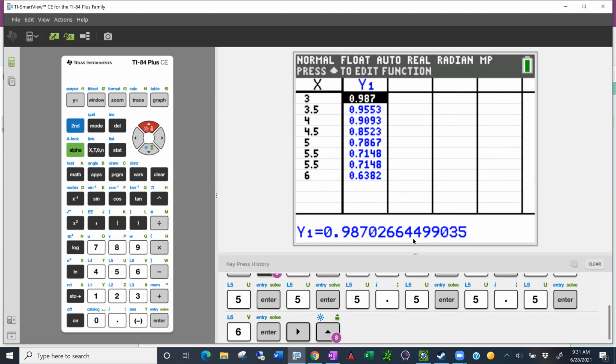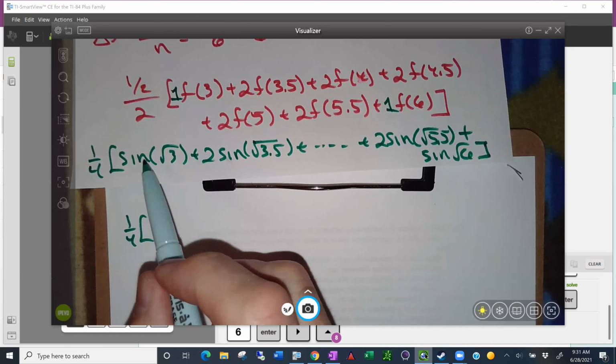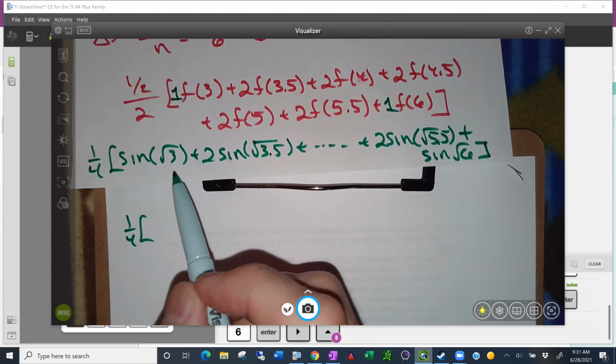Filling things in here. Let's start out with 1/4 of the sine of square root of 3.